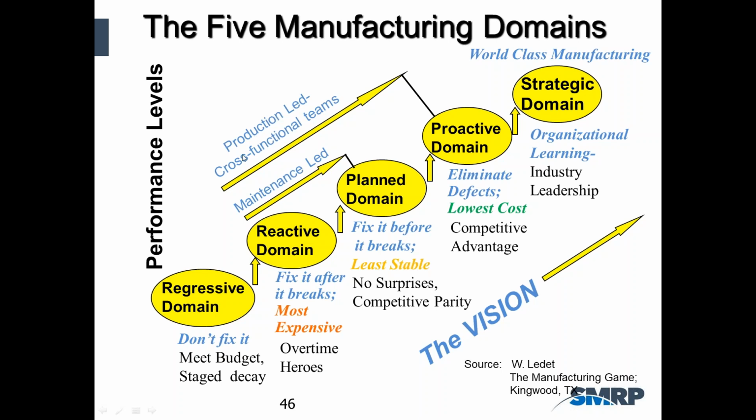It's production-led, using cross-functional teams to eliminate the defects and to manage the processes. When you have that cross-functional collaborative relationship, you get better performance. And then there's a strategic domain. I haven't seen that anywhere yet. Maybe it's out there. I just haven't experienced it. It's aspirational, if you will, organizational learning, all that sort of thing.